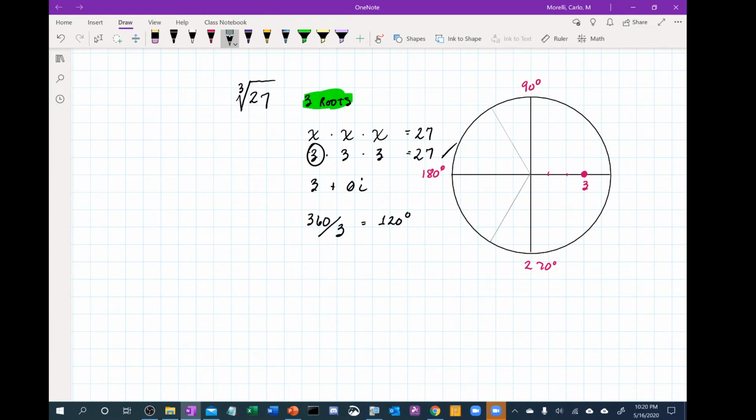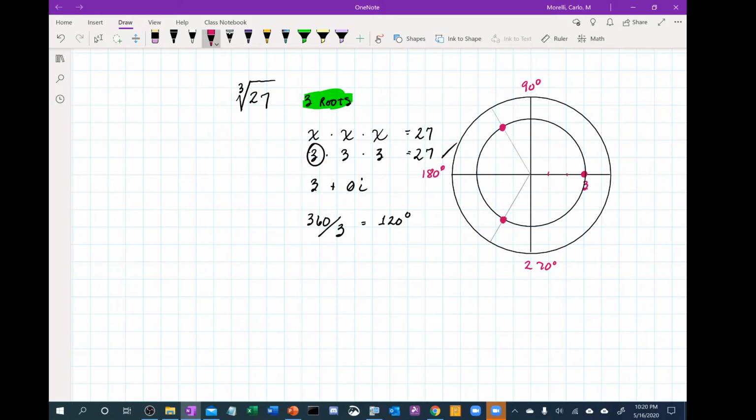Well, here's what I think. I think that if we take a circle like this and we put its center at the center of the circle, passing through 3, I'm claiming that the other two roots are right here and right here.